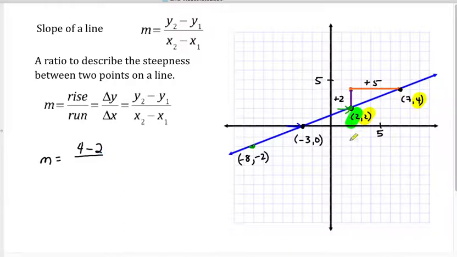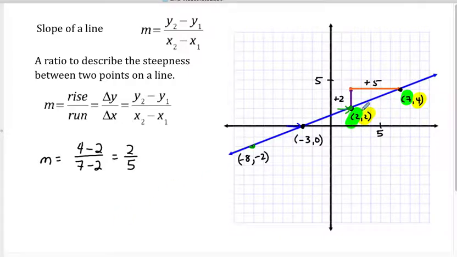For the x values, I'm going from this x value of 2 all the way over to the x value of 7. So I want to know the distance between 2 and 7. If I'm at 7 and I started at 2, what's the difference? That gives me a distance of 2 over 5.